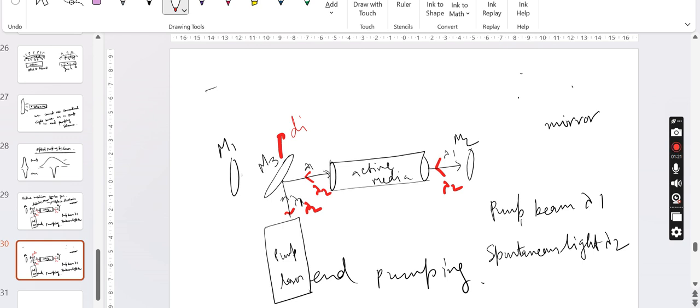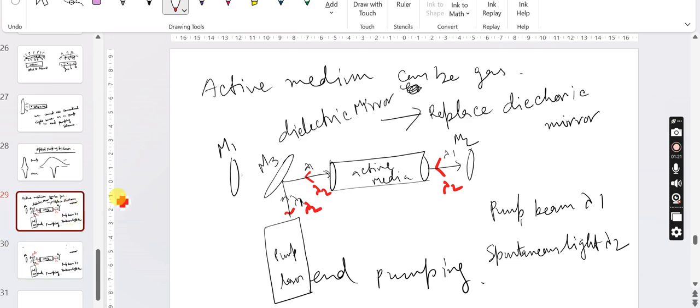Previously, the ordinary dielectric mirror M3 reflects light at the pump wavelength lambda 2, and is also significantly reflecting the light originating from the spontaneous emission at wavelength lambda 2.